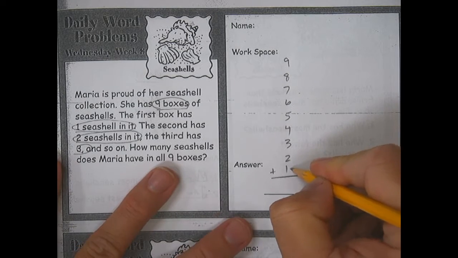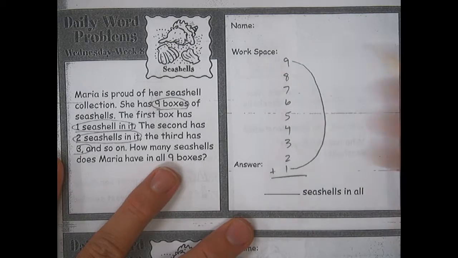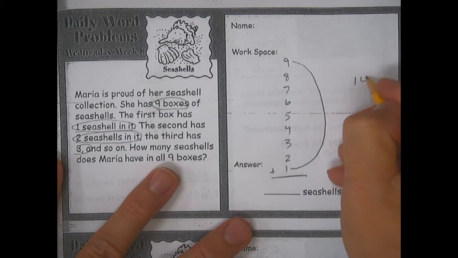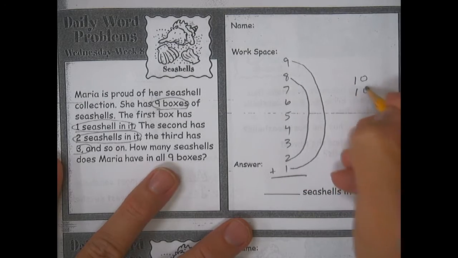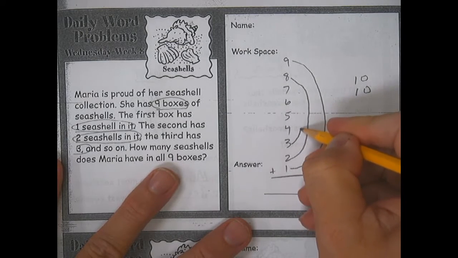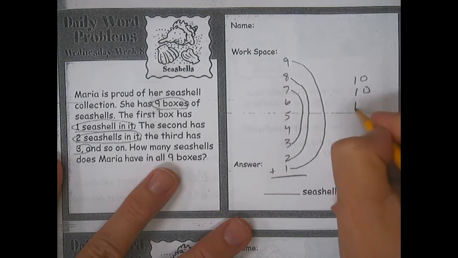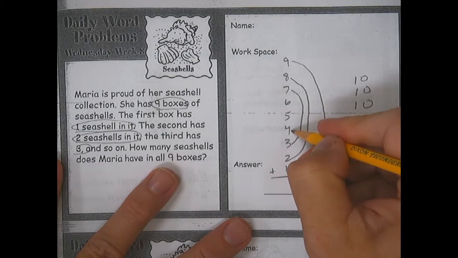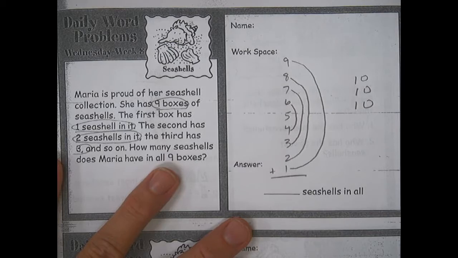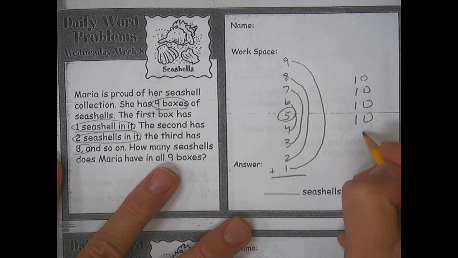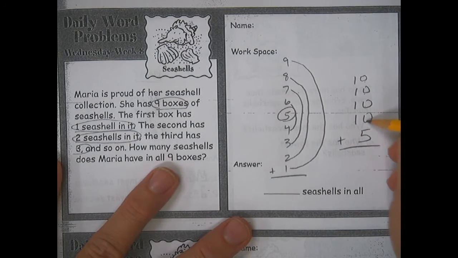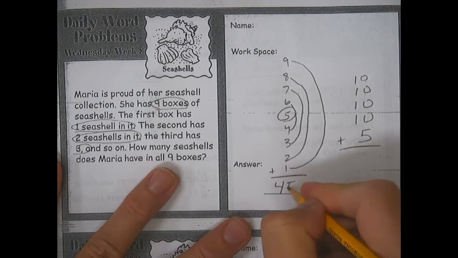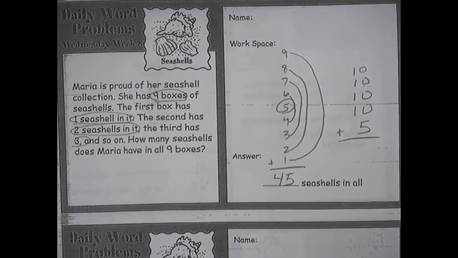Okay, look here. 1 and 9, that gives me 10. 2 and 8, that also gives me 10. 3 and 7, that gives me 10. 4 and 6, that gives me 10. And then we're left with just the 5. So when we add those up, 10, 20, 30, 40, 5. 45 shells in all.